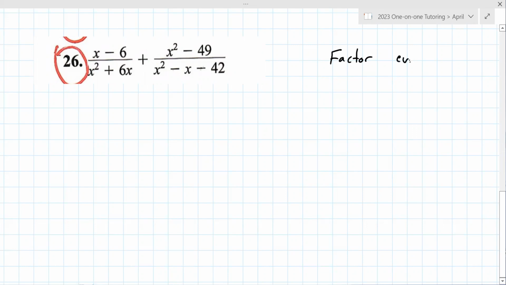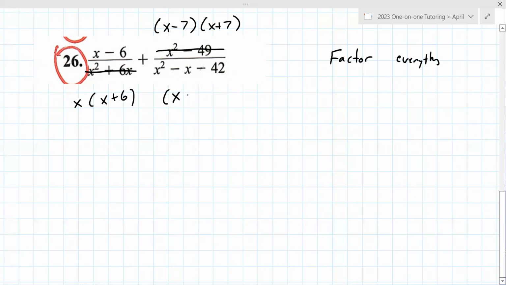So you do try to factor everything to start. And like I mentioned before, I'm going to do this for you because I don't want us to be spending lots and lots of time on that here. I do cross out the ones that we're factoring: x minus 7, x plus 6, like that.